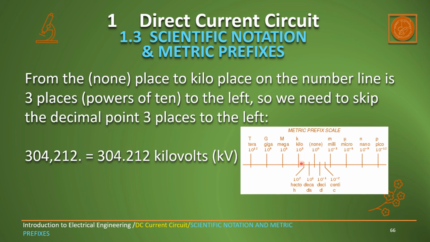So this decimal point, from here move to the left 3 places. So from here move to here. So this is called 304.212 kilowatts.